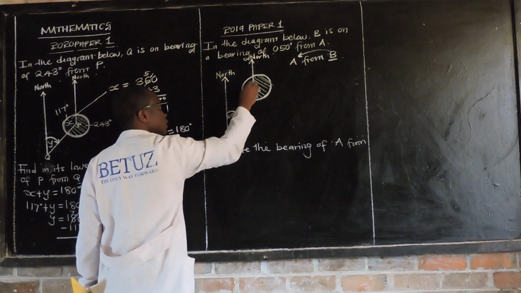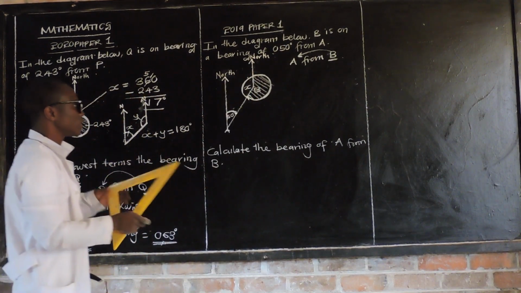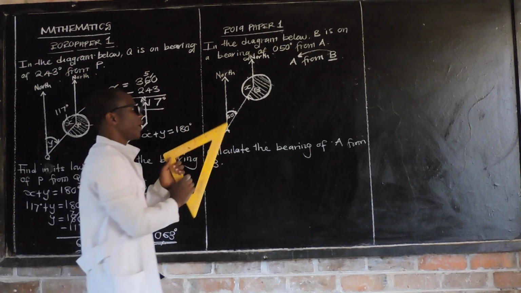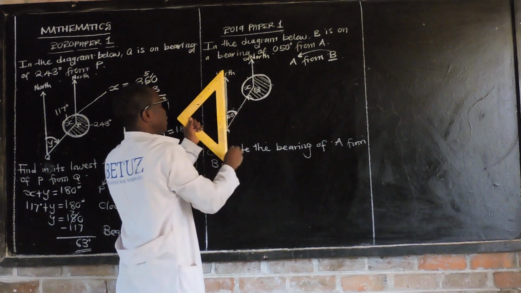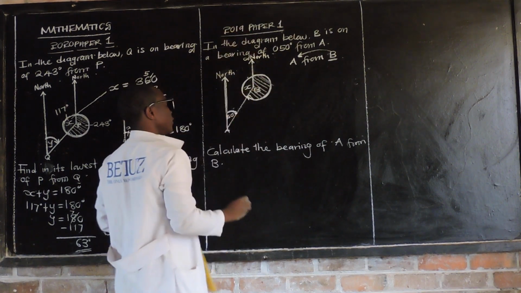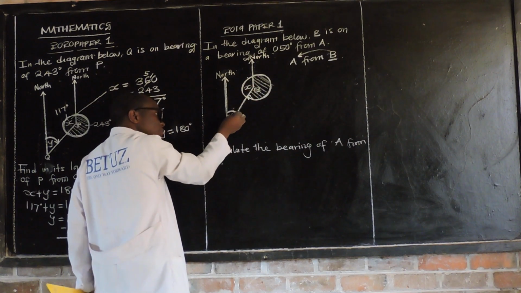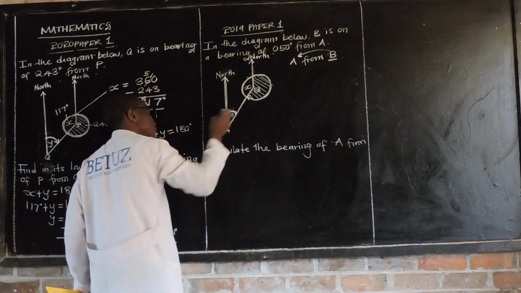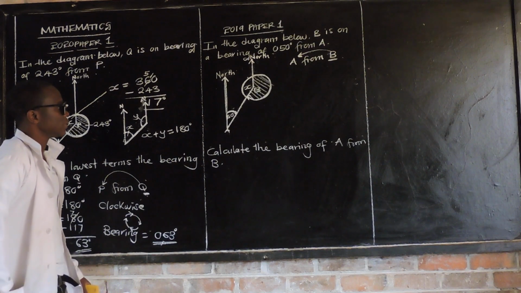Let's say this angle is x, since we don't know it. Remember, if you have two parallel lines and a transversal, then the two angles on the same side of the transversal are supplementary, meaning they add up to 180.